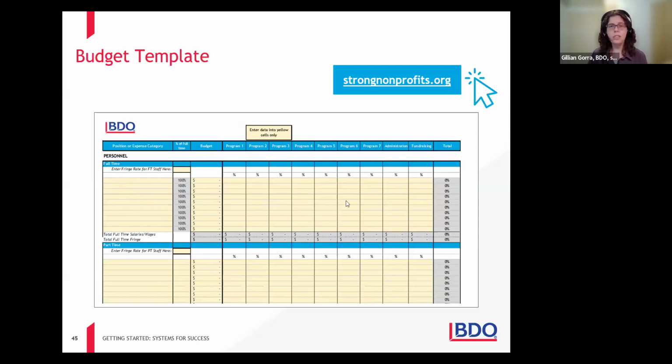You can then use this to get a full-time equivalency in each program, that FTE, maybe you've heard that before. And you could use that FTE quotient as a proxy to allocate other shared expenses.